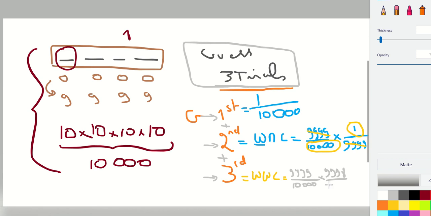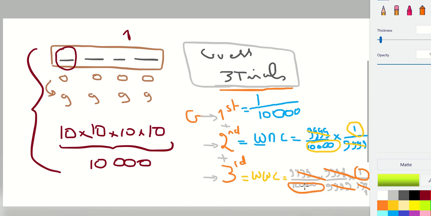And the total has dropped by 1, so it's 9,999. They dropped by 1 because he's not going to repeat one of the codes that he or she already tried. And now the last one is correct, which is 1 over how many possibilities left? 9,998. Okay? And again, you can simplify this by that, and again, you're left with 1 over 10,000.